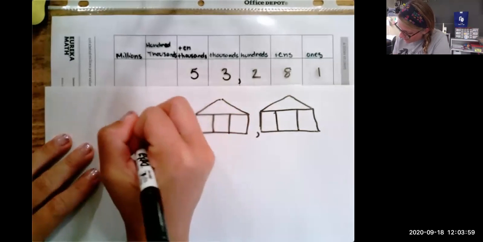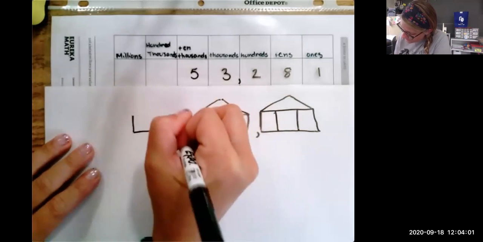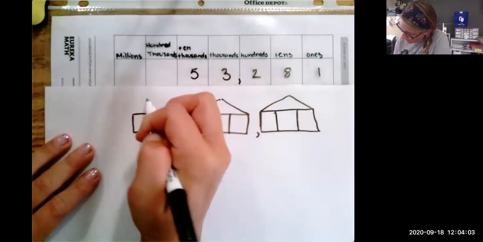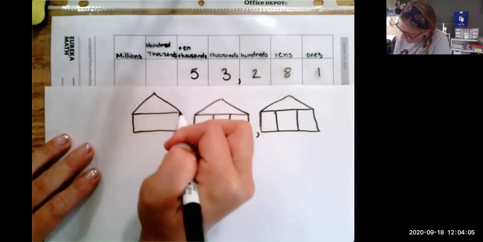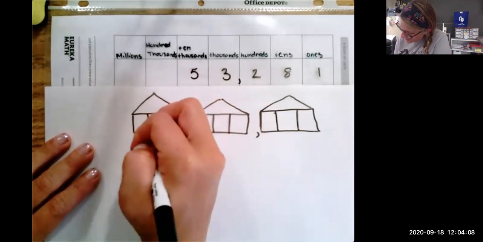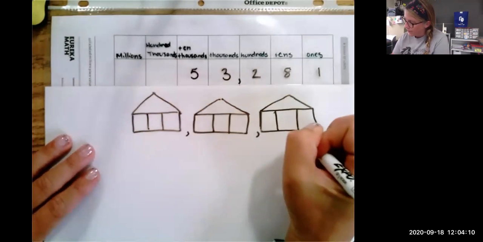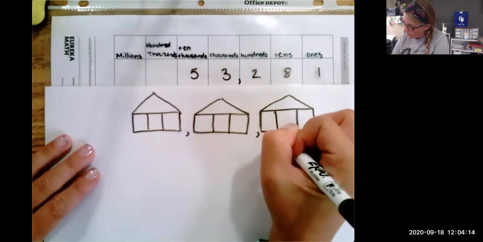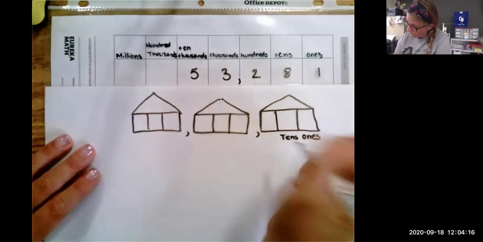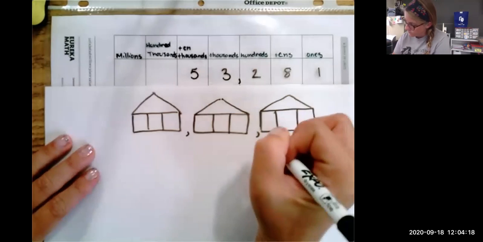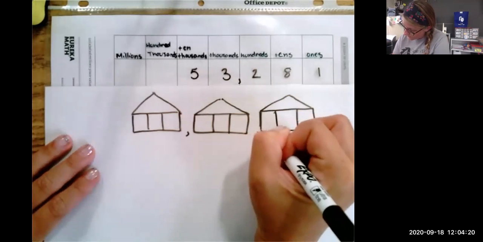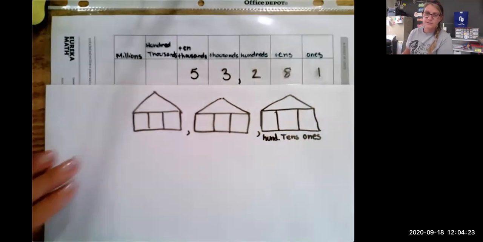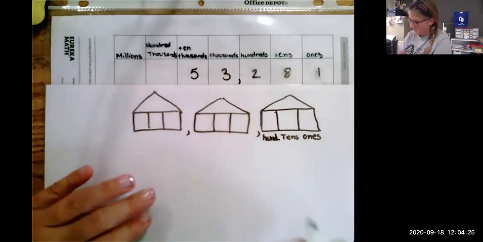So here's our place value houses. And each house has 3 rooms, okay? I'm just going to abbreviate because we don't have a ton of room.